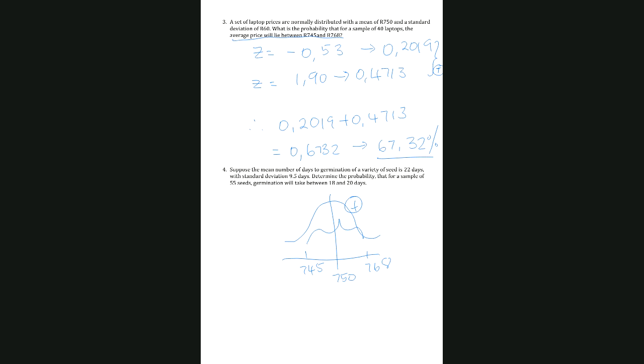Okay, so let's have a look at the last question then. And this says, suppose the mean number of days to germination of a variety of seeds is 22 days with a standard deviation of 9.5 days. So they've given you here the general figure once again, which is mu in this case, and it's 22.